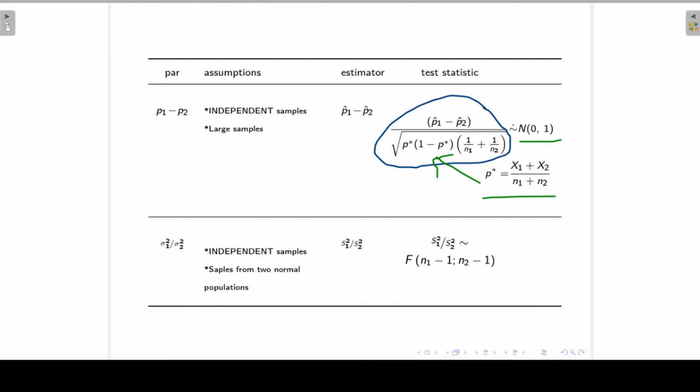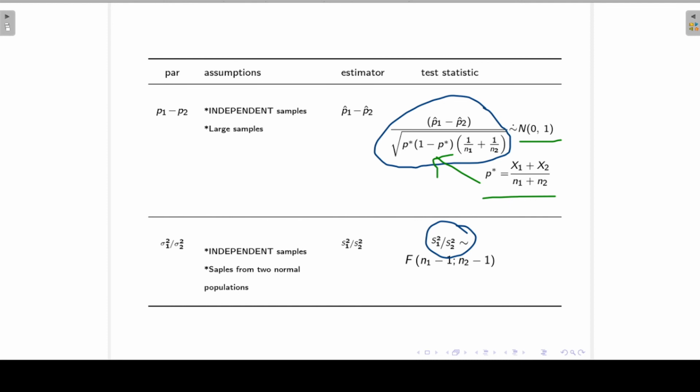And then the last situation was when we are looking at two population variances. Then our test statistic is the ratio of the first sample variance over the second sample variance, and that test statistic follows the F distribution.